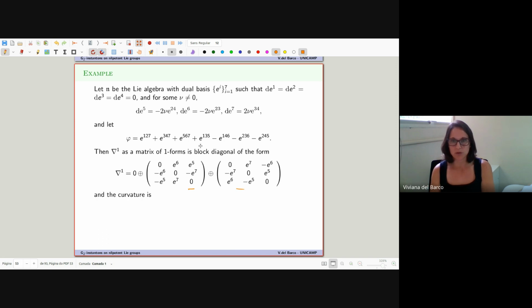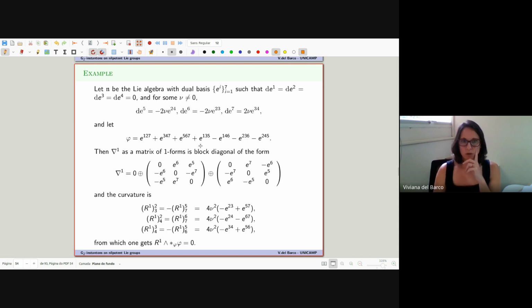Okay, this is a matrix of 1-forms, and you can compute the curvature, a matrix of 2-forms, and these are its non-zero entries. From here, for each of these components you take the wedge with the Hodge dual of the 3-form, and you can readily check that this is 0.